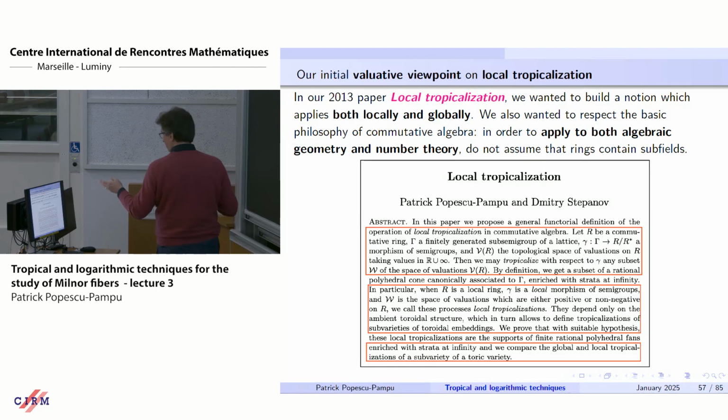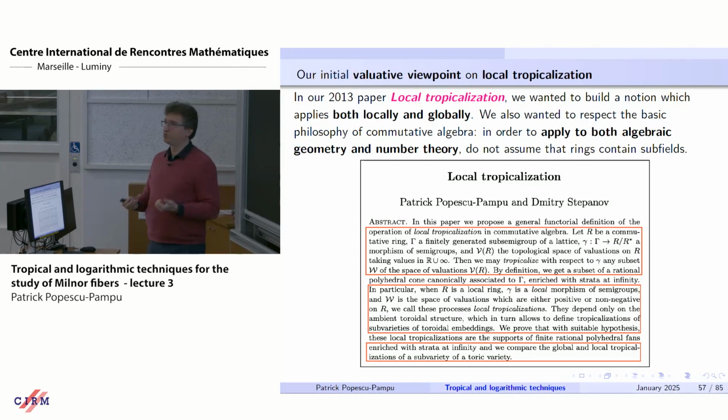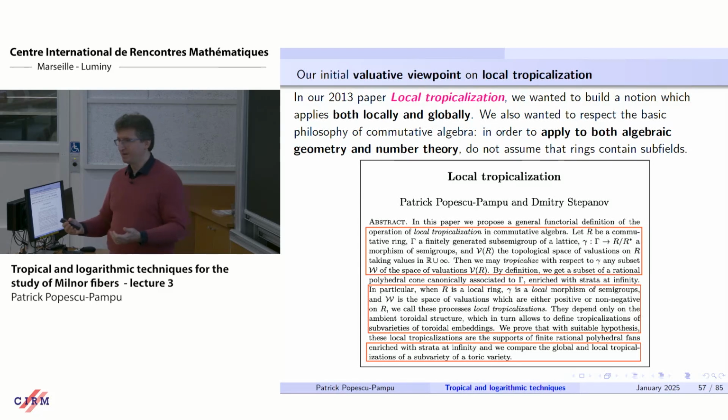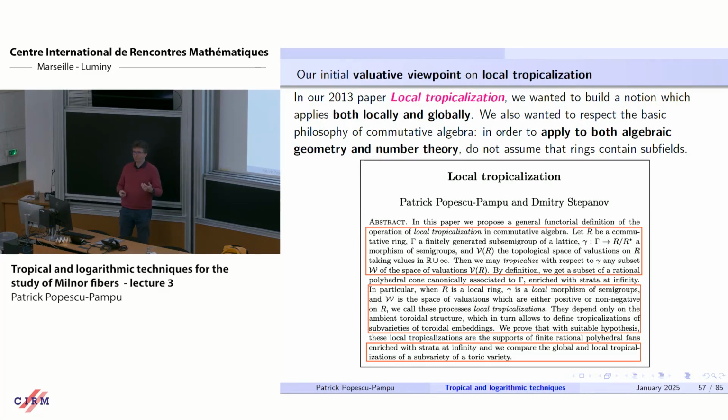And I want just to show you the abstract of our 2013 paper, because there we explain exactly what was our motivation. And there, in fact, what we can tropicalize is each time you have a ring and a map from a semigroup or a monoid to the ring modulo its invertible elements, then you can tropicalize any subset of the set of valuations of the ring using that map.